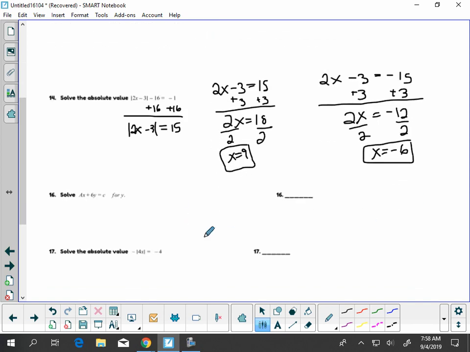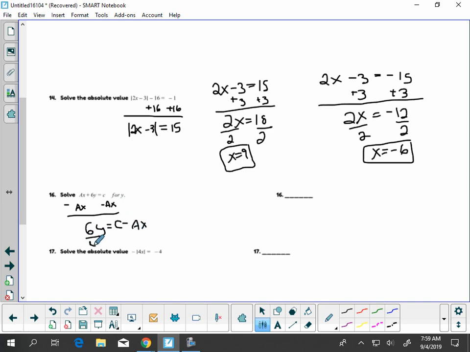All right, on this one, number 16, I want to solve for y. So I need to subtract my x's, so minus ax, and I'm left with 6y. And those are not like terms, so you can't combine them. C minus ax.